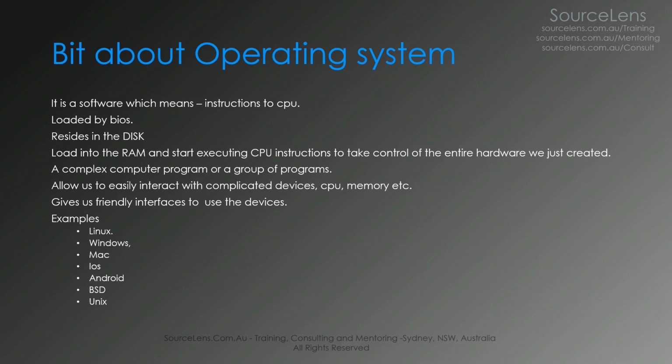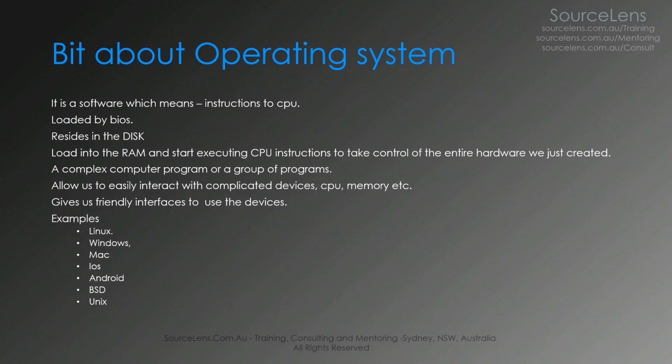All the complication of these devices, CPU and memory is handled by the operating system and abstracted from end users like us. The single most important concept of an operating system is to abstract the complexity of the CPU and the rest of the hardware from the end user.